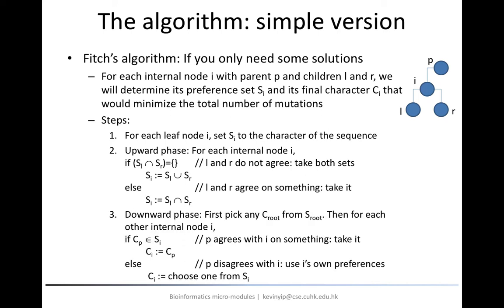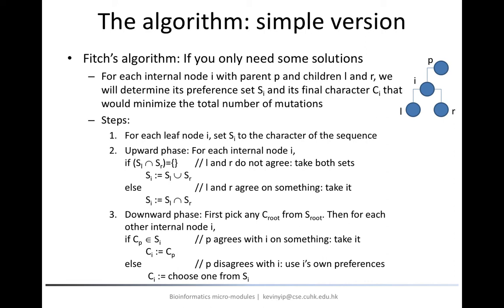The second phase then makes the decisions. The root first picks any nucleotide in its preferences as the actual choice. Then going downward, each internal node compares the actual choice of its parent with its own preference set.